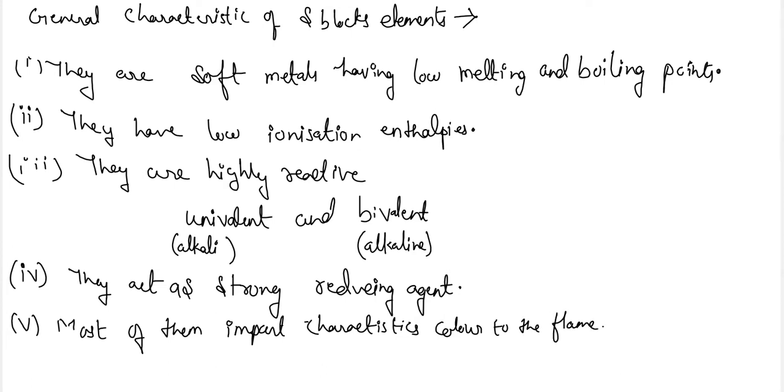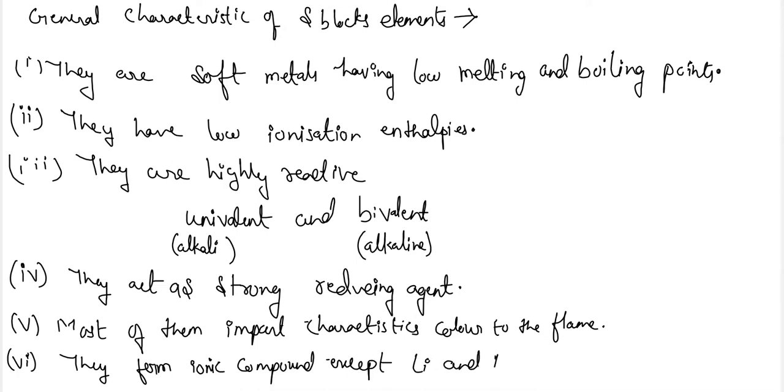They mostly form ionic compounds, but in some cases such as lithium and beryllium, we will see that they form covalent compounds also.